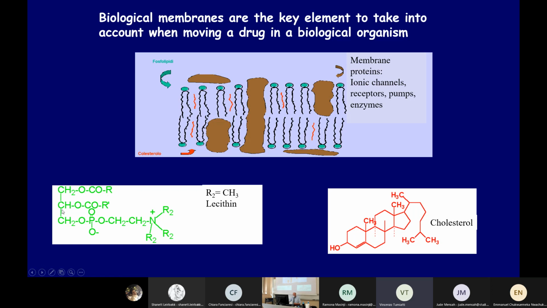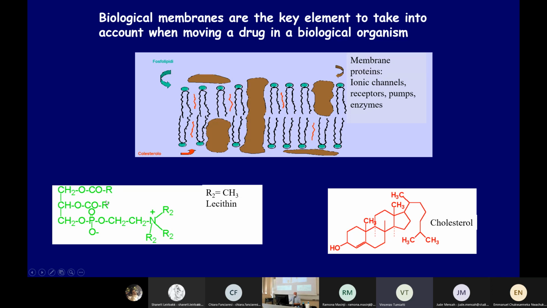And you see here the general structure of phospholipids. There is a polar head, a quaternary nitrogen atom, which represents the polar head you see in the external part of the membrane or in the internal part in contact with the water media.